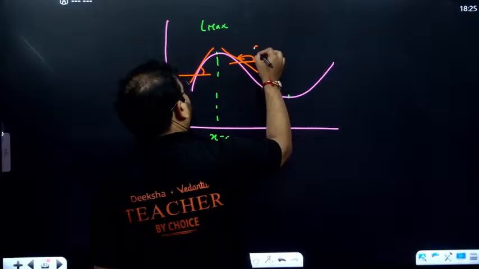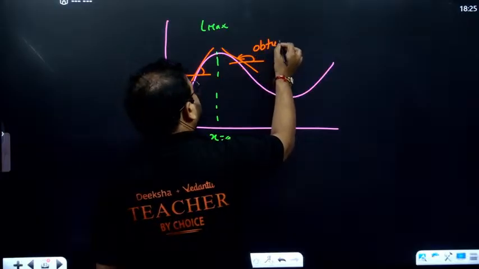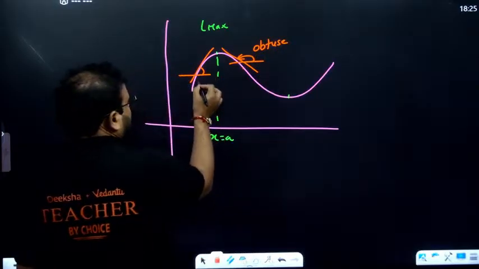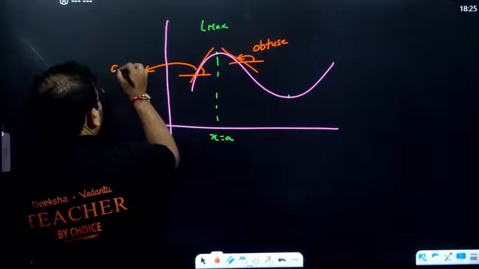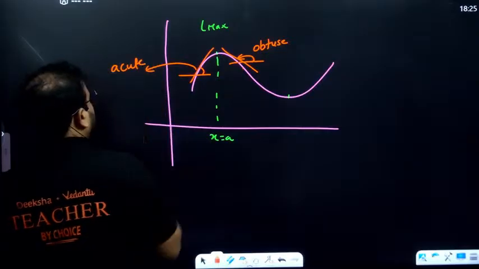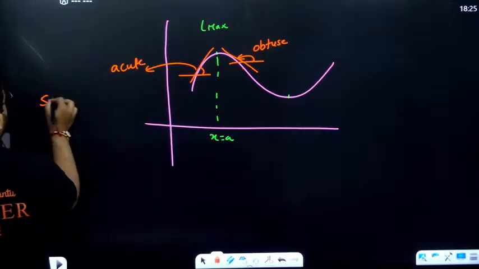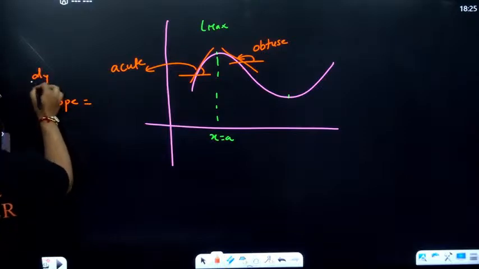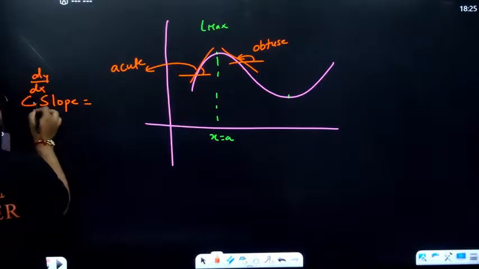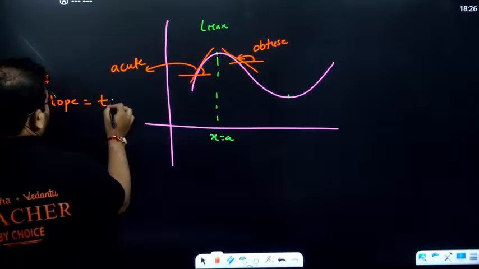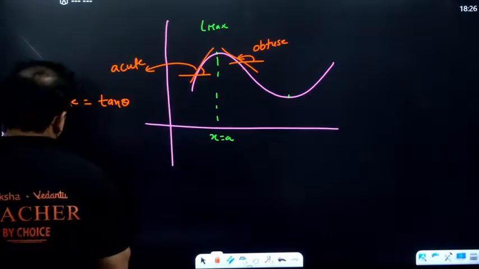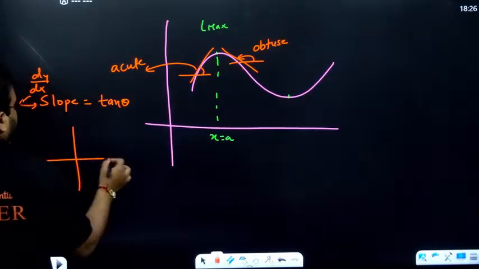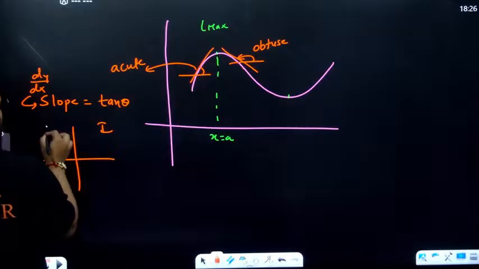Look at the angle made. Clearly, this angle is obtuse. What is the angle over here? This angle is acute. We know that slope, the derivative, is given by tan theta, and tan theta in the first or second quadrant.